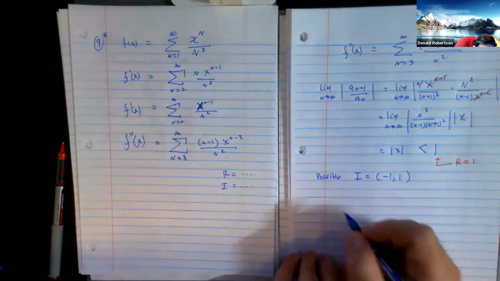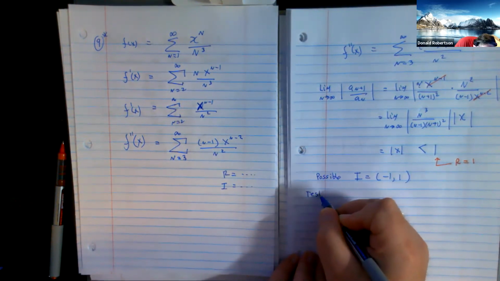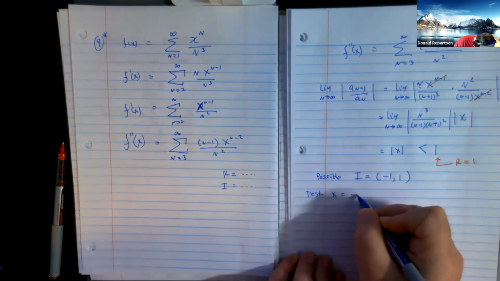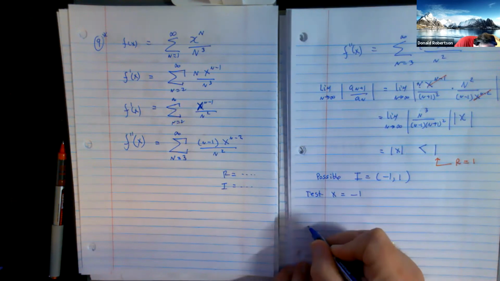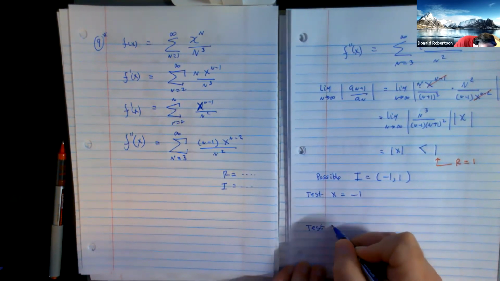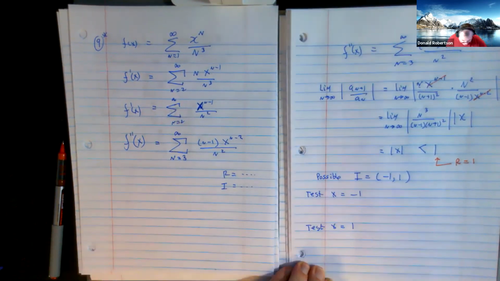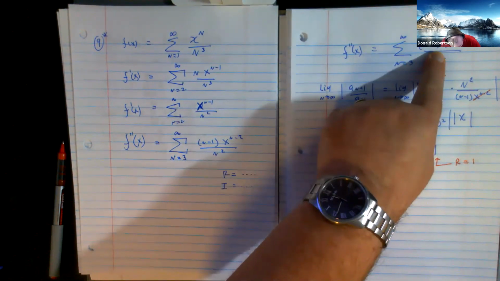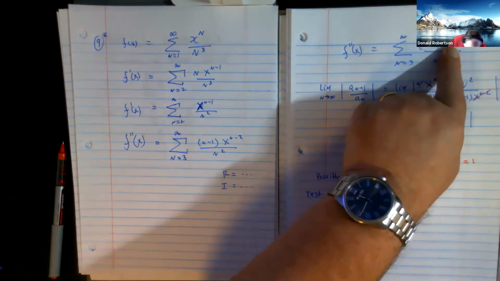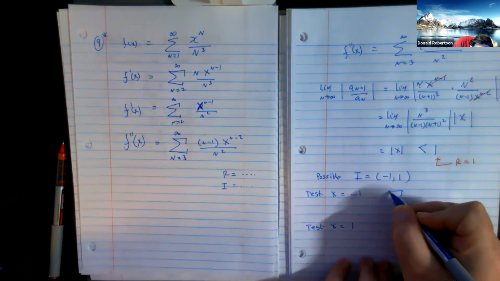Right. Well, that means I have to test 2 situations. -1 and then +1. Okay, if you go here and you make x -1, let's see what it turns into.